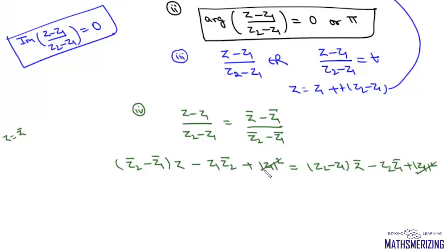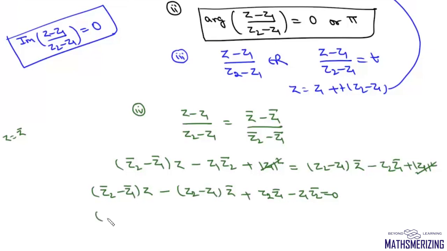Now we can cancel this mod z1 square with mod z1 square, so we can write this as (z2 bar minus z1 bar) z minus (z2 minus z1) z bar plus z2 z1 bar minus z1 z2 bar equals 0.